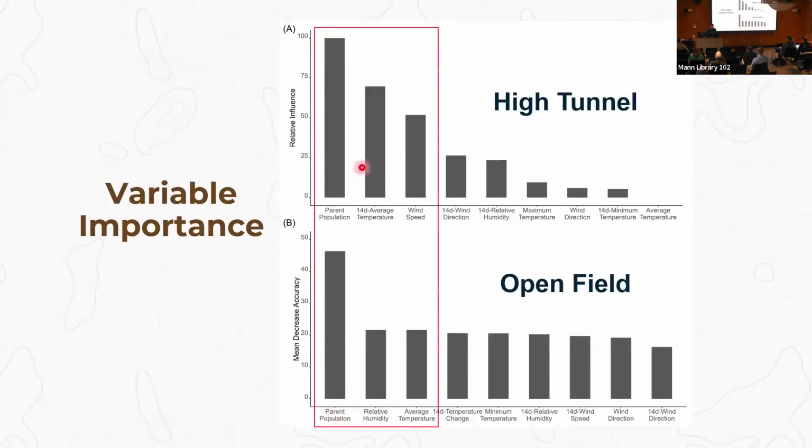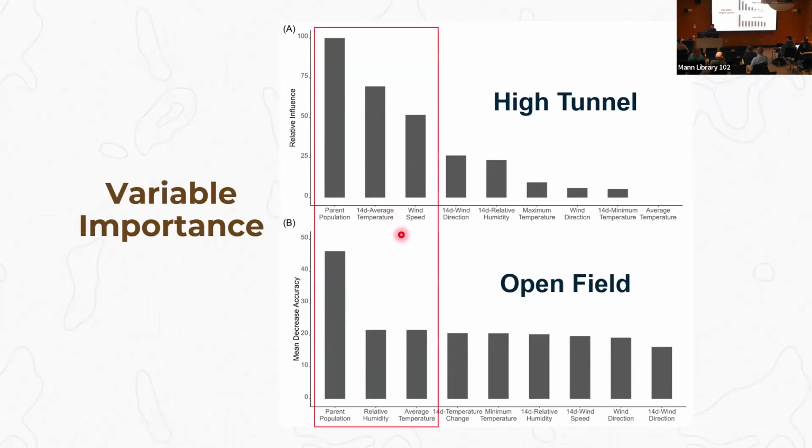And the next big thing we observed is that the top three variables that were most consequential in terms of thrips population buildup, were, first, parent population, which was common across both. No surprises here, because what you start with is what you're going to get. But this does validate the framework that we used.